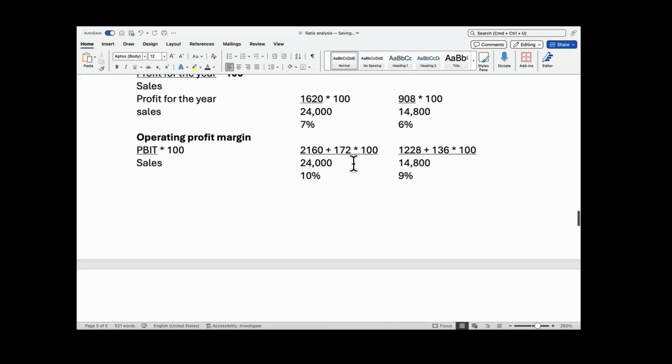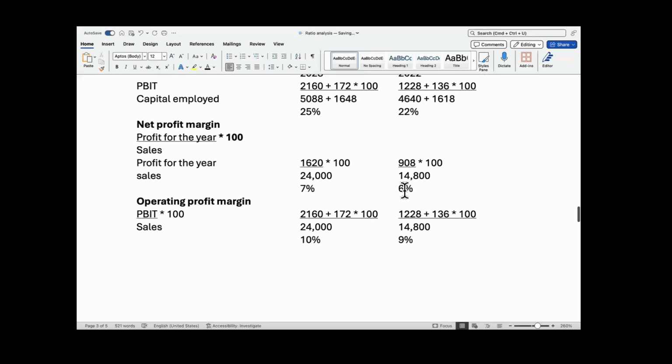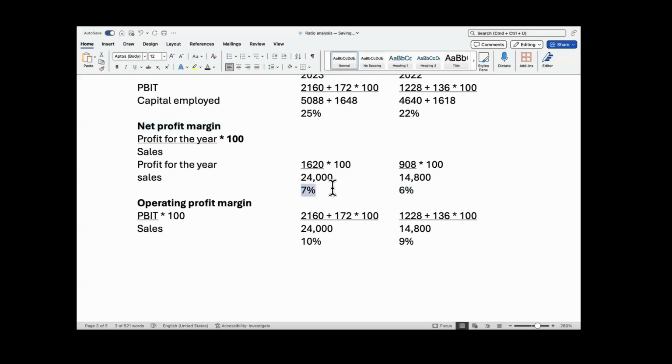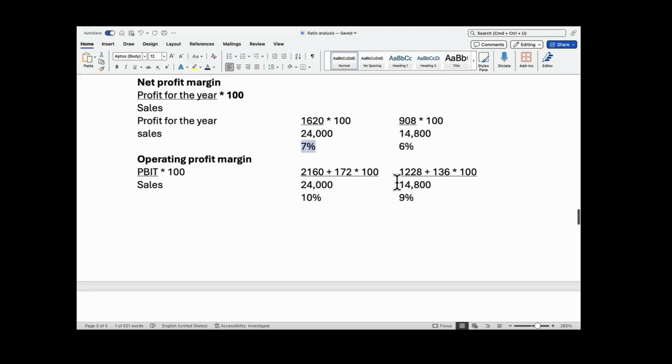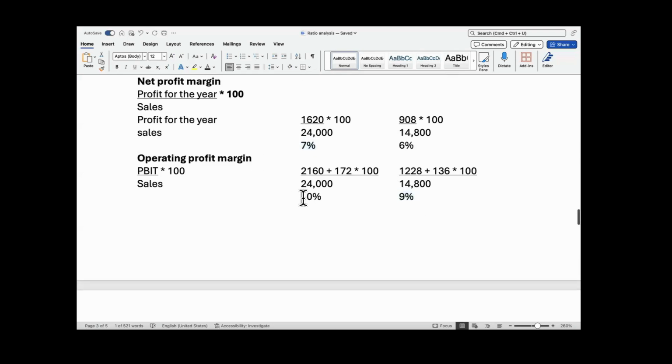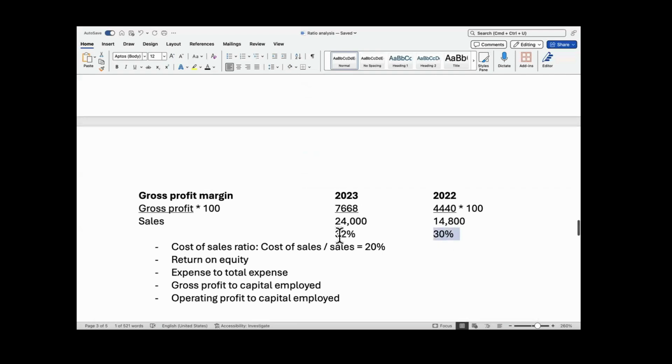which is net profit margin. It's improved just marginally from 6% to 7%. The operating profit margin too, marginal, from 9% to 10%. The gross profit margin from 30% to 32%.